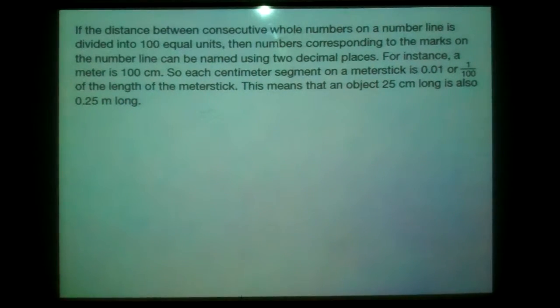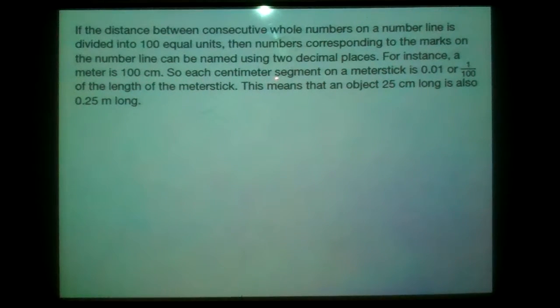Alright, moving on. This basically says that the distance between consecutive whole numbers, we can divide it into bigger amounts of tick marks. This time let's do, in between two whole numbers, 100 equal units. And then the marks on the number line can be named using two decimal places. For instance, a meter is 100 centimeters.